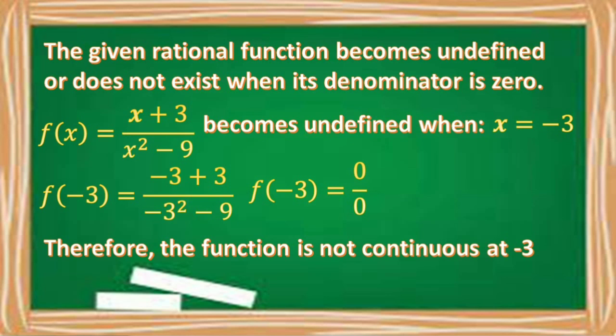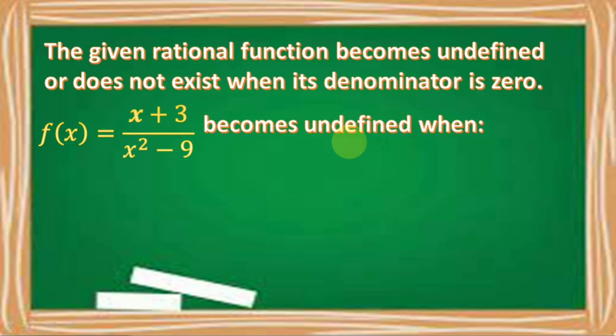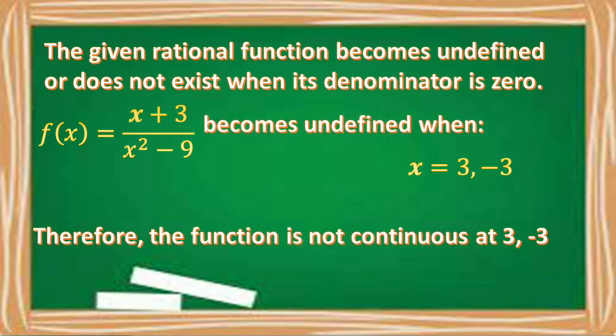Therefore, the function is not continuous at -3. To sum it up, f of x equals x plus 3 over x squared minus 9 becomes undefined when x equals 3 and x equals -3. Therefore, the function is not continuous at 3 and -3.